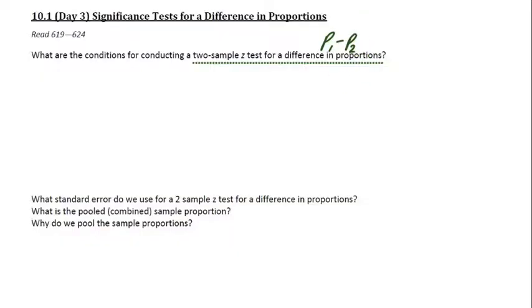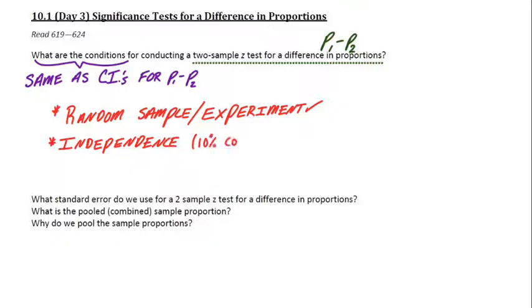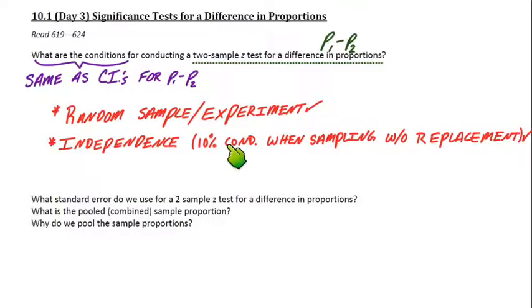And remember, that's p1 minus p2. And these are actually going to be the same as the conditions we use for confidence intervals for p1 minus p2. So we know the data come from either a random sample or a randomized experiment. We have the independence condition. Don't forget, if you're sampling without replacement, we use the 10% condition to meet that criteria.